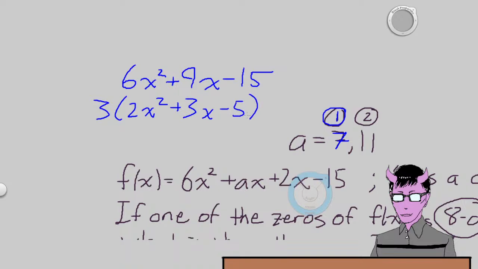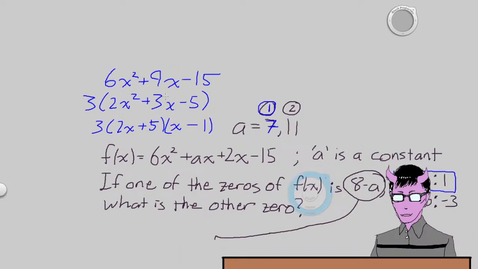This is very blue. Factors are different signs, and the larger of the two is positive. We have 2, 1, and then 5 and 1. That does produce a 3 in the middle, so that's good. So we're going to have a 2x multiplied by the 1, and a 1x multiplied by the 5. This is the smaller of the two, so it's negative, and the larger is positive.